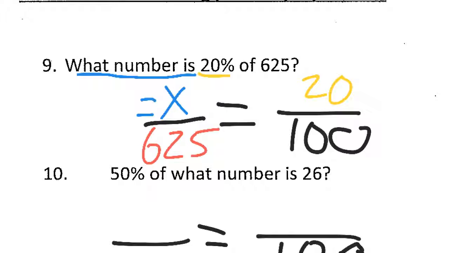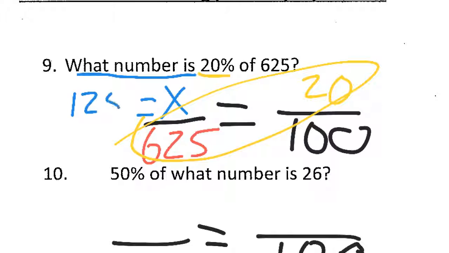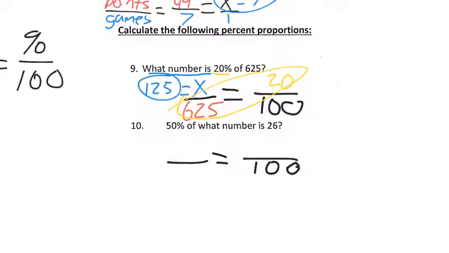When I multiply 625 times 20, so I'm multiplying those two, and then dividing by 100. When you work that one out, you end up getting 125 for x. Meaning that 125 is 20% of the 625.